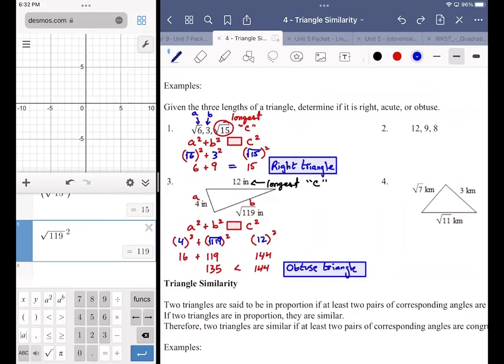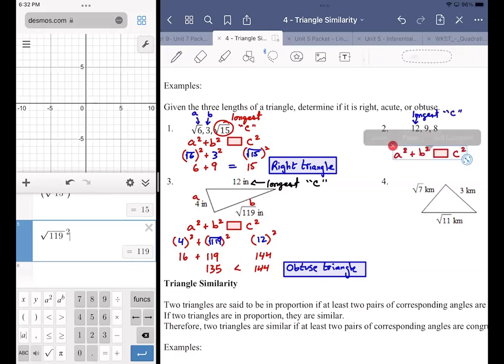Something a little bit more straightforward, number 2: 12, 9, and 8. 12 is clearly the longer one, so that's my c. So again, a squared plus b squared is equal to c squared. I mean, a squared plus b squared blank c squared.